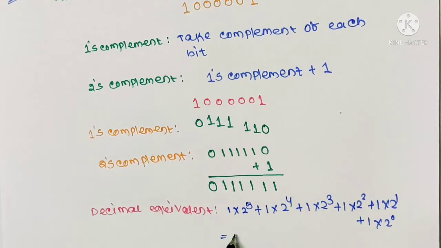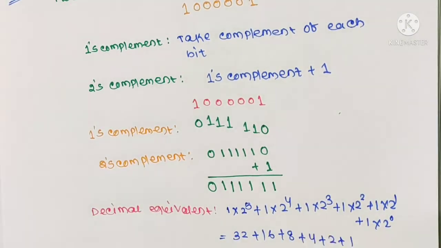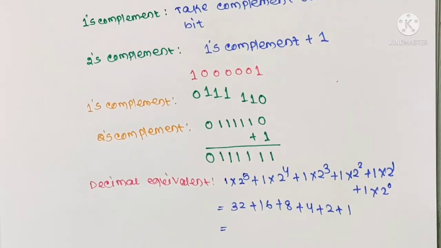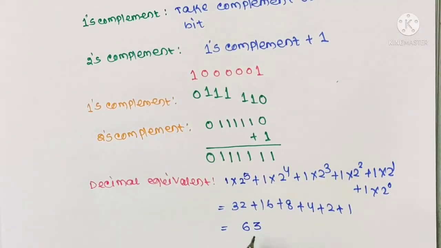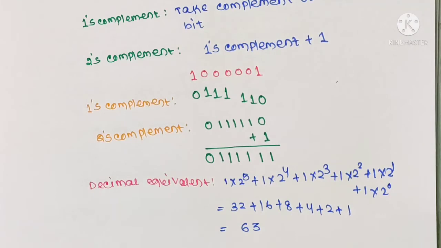So 32 plus 16 and so on, equals 63. Now if you see the options, there is plus 63 and minus 63.